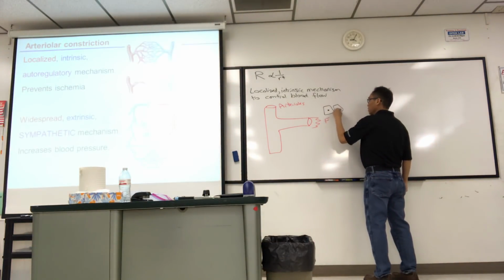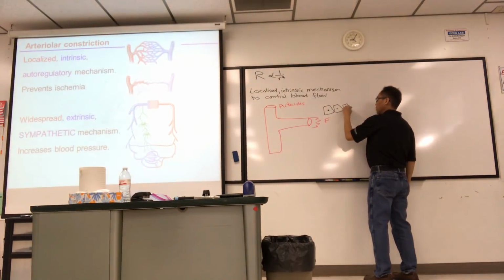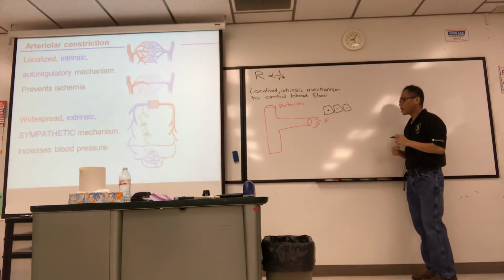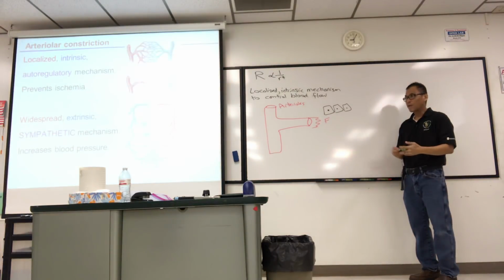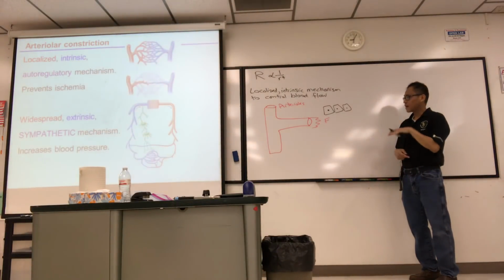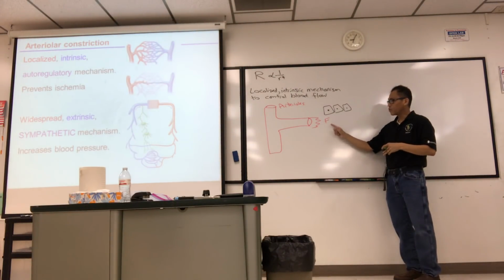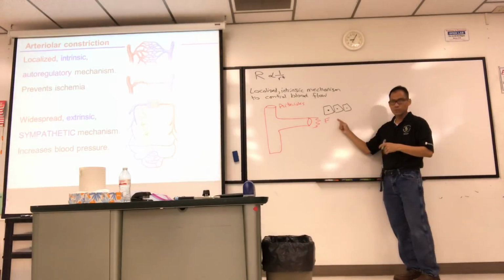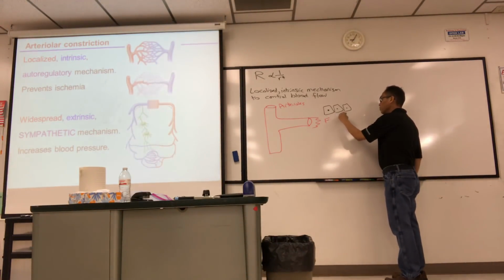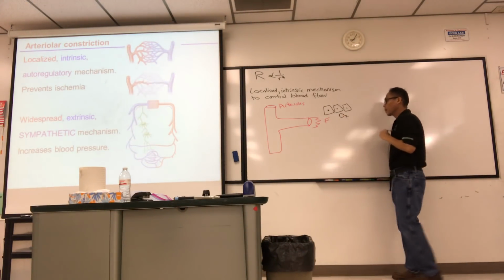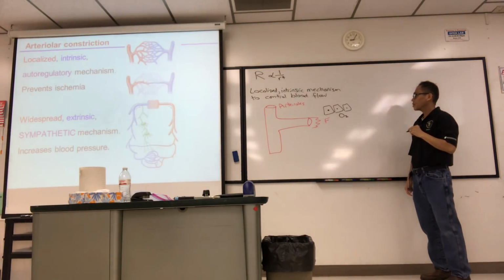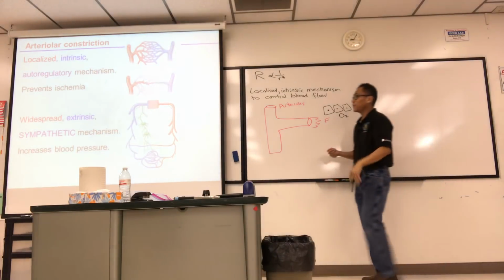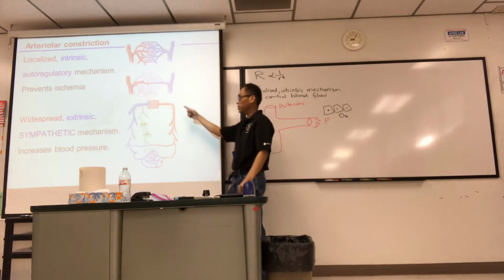So you have some cells of the peripheral tissue that need oxygen, of course. And your book lists all kinds of metabolic molecules that self-regulate the flow. All you want to do is make sure there's enough O2. Sometimes these vessels constrict and they turn off the blood flow, like this picture here.